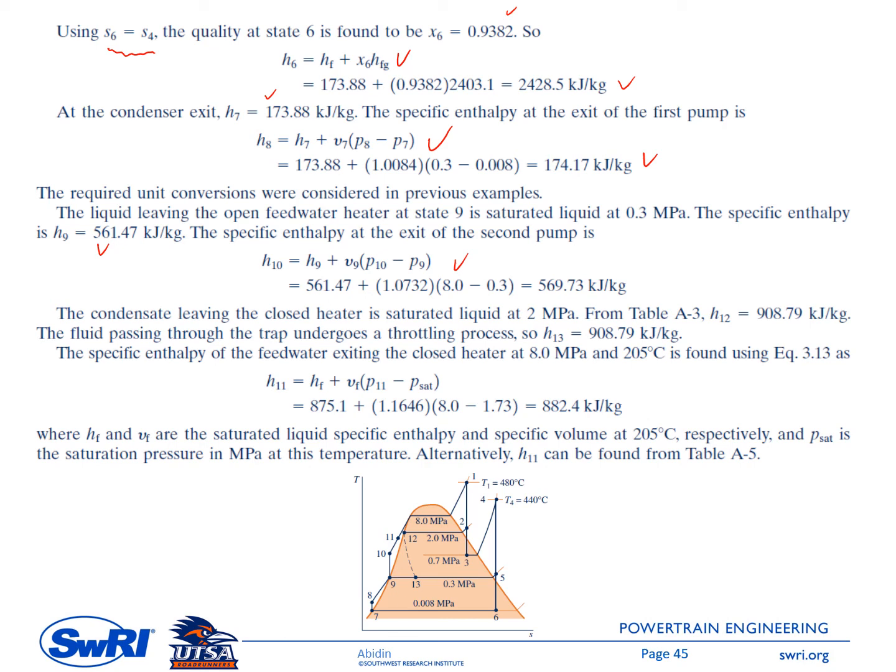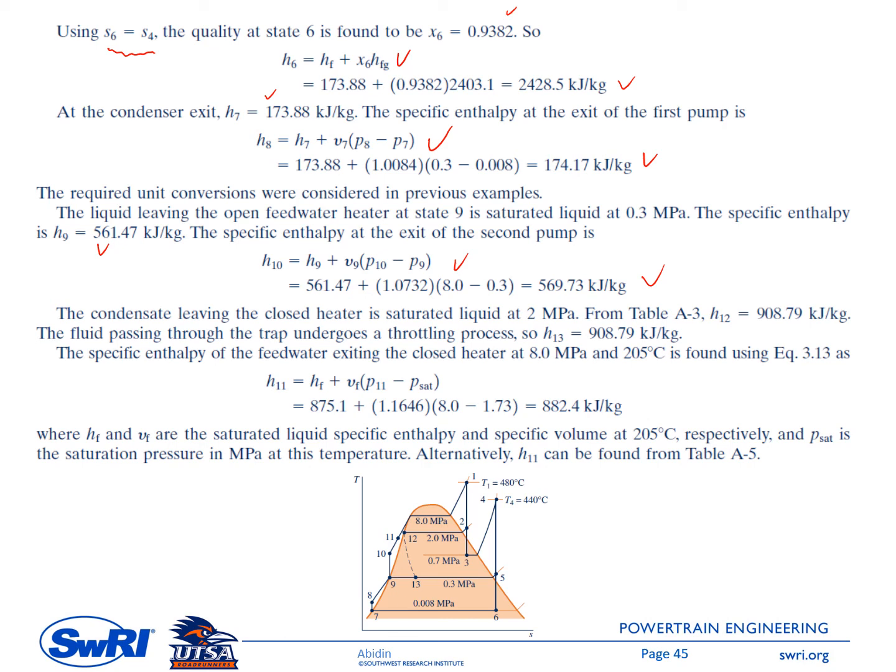So H10 equals H9 plus V9, this is VF at 3 bar, times P10 minus P9, and you will get H10 here is 569.73 kilojoule per kilogram.